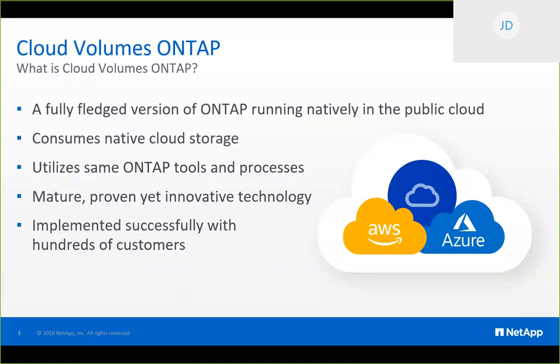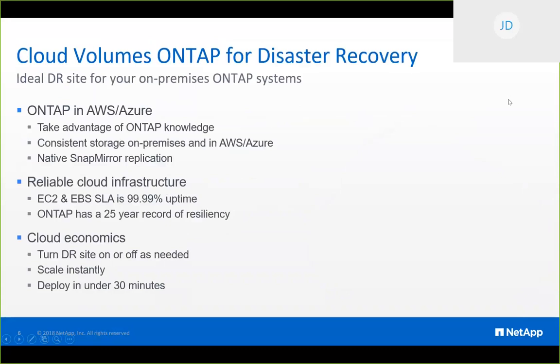And by the way, we've been selling Cloud Volumes ONTAP, formerly known as ONTAP Cloud, and I believe before that known as Cloud ONTAP, since 2014. Hundreds of customers have used it. It's reliable, it's proven. And like I said, it's really great for disaster recovery. Here's why.